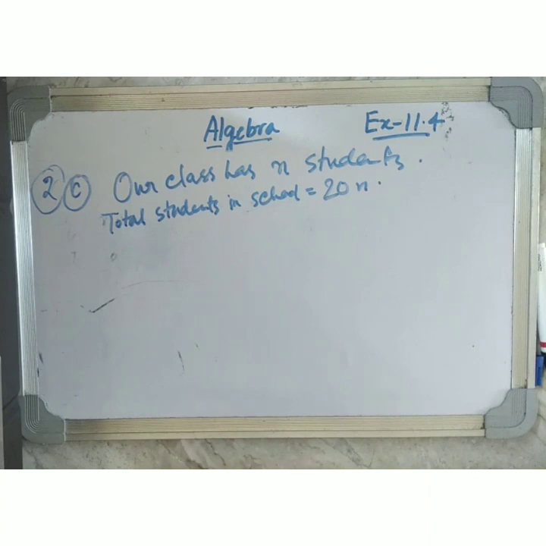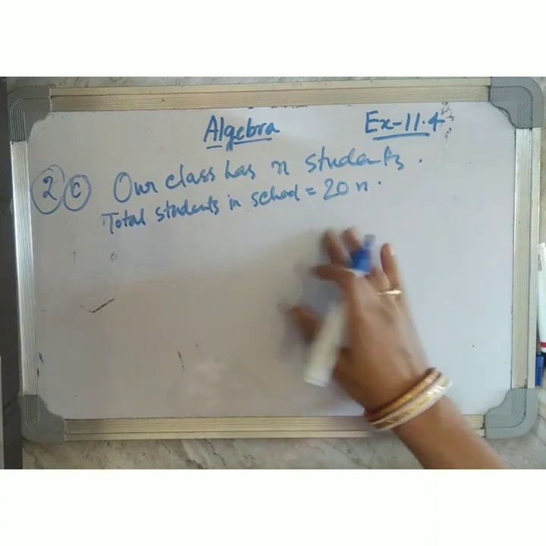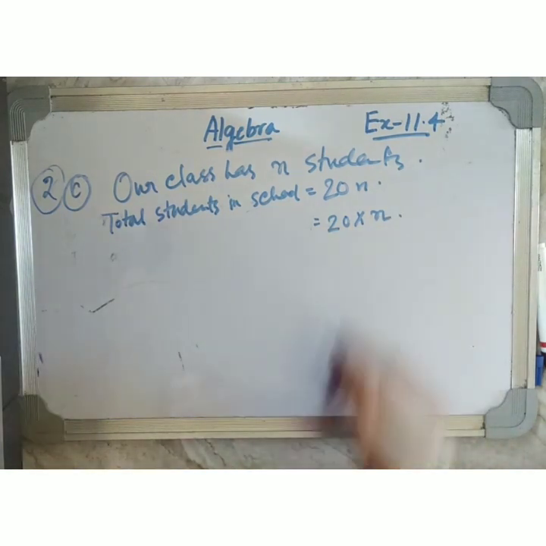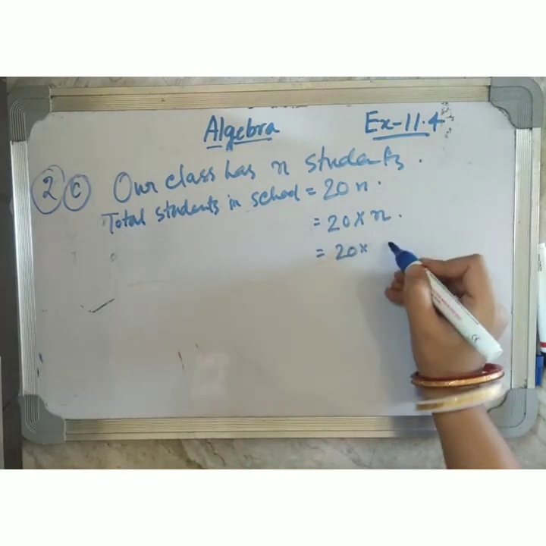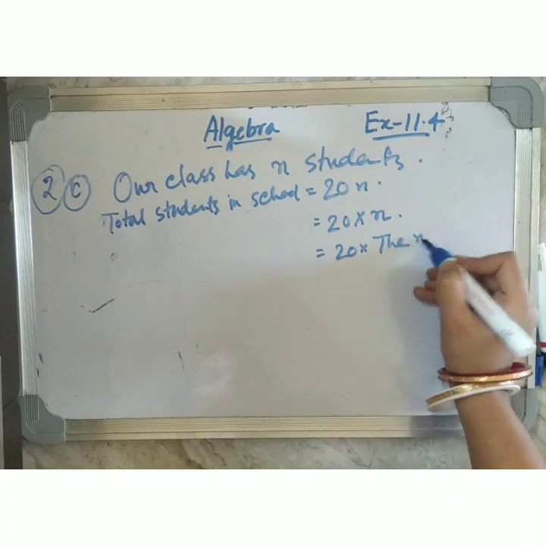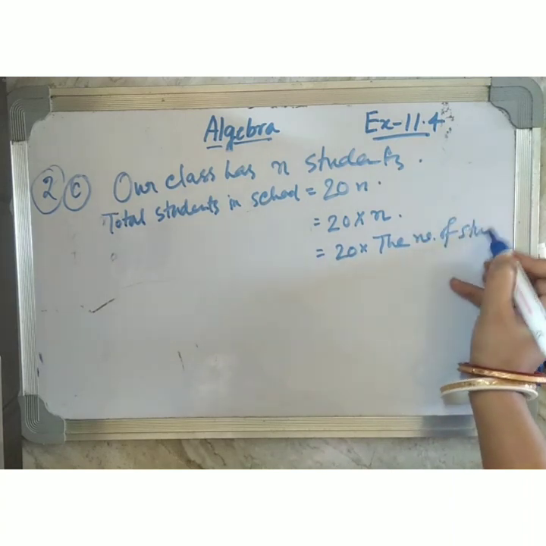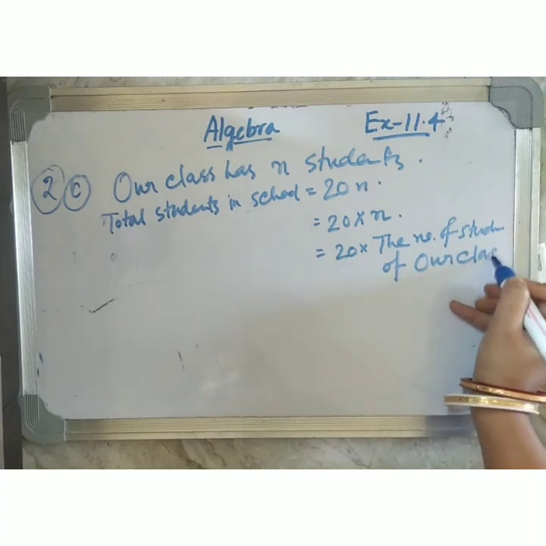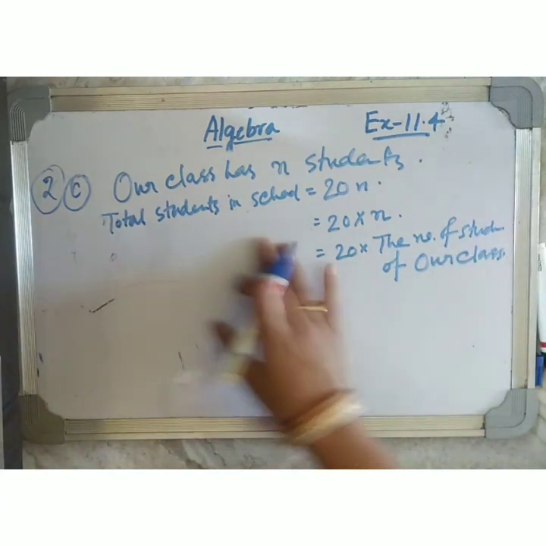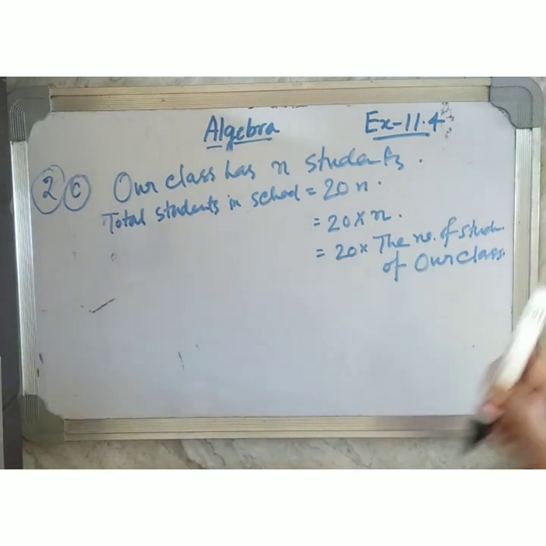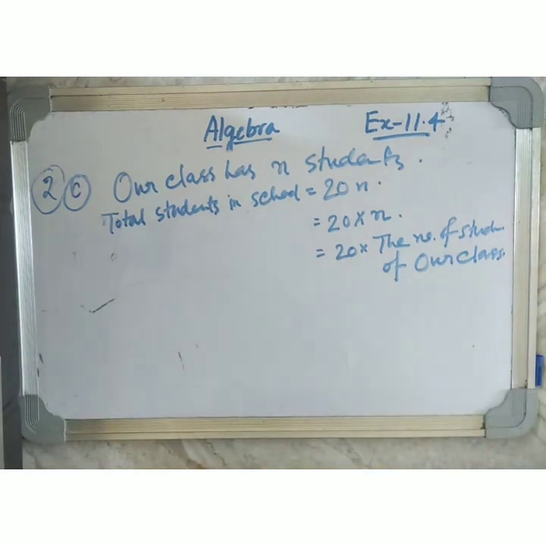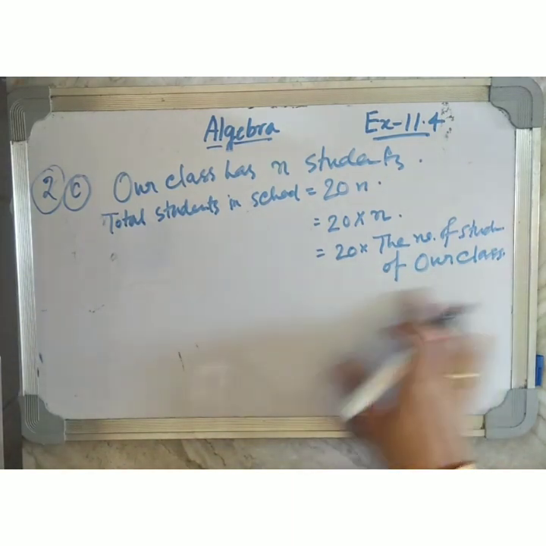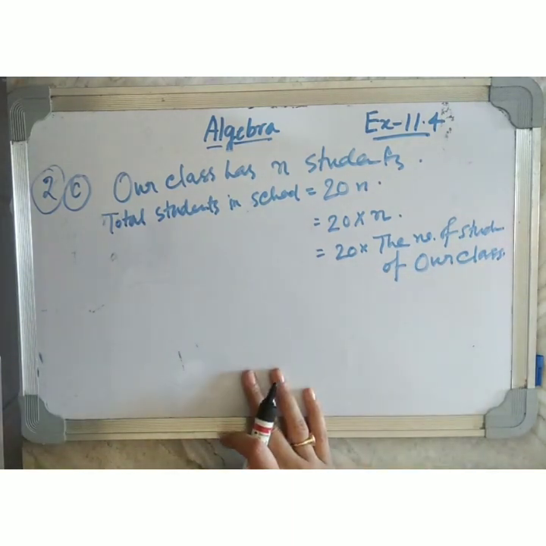Now 20n means 20 into n, means 20 into the number of students of our class. Am I clear? So this is the total number of students in the school. So how to write it? The total number of students in school is 20 times the number of students of our class. In this way we can write.